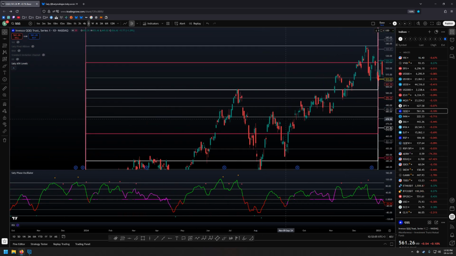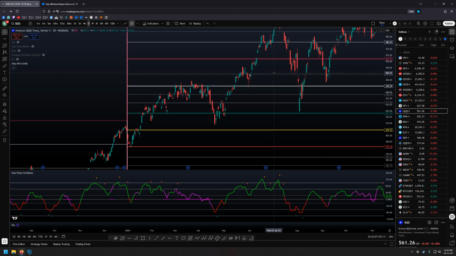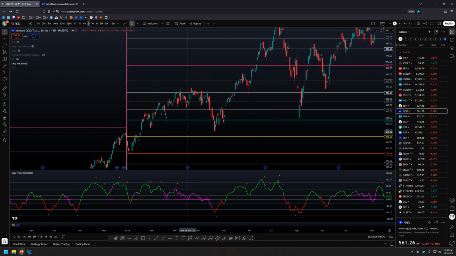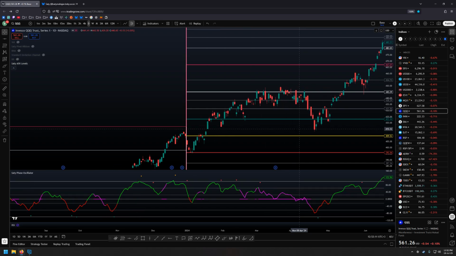Like this is a very extreme scenario, obviously. Let me look at the previous one. Yeah, this is a very good one. So this was the long entry. We touched the 38, went even a bit higher, but then we pull back here. And this is a good entry for this move here.